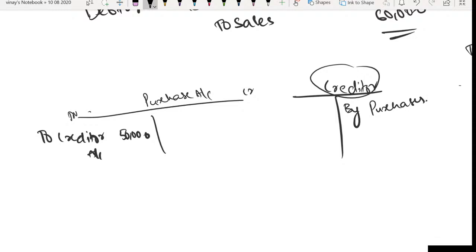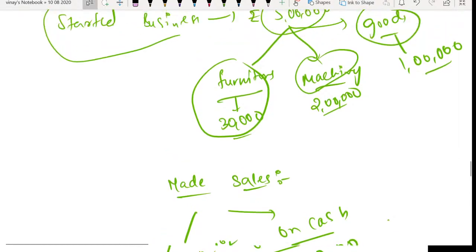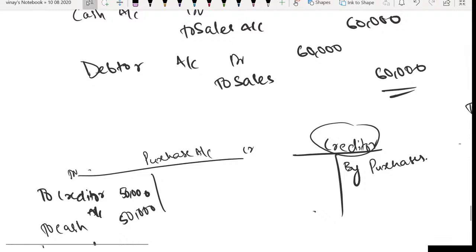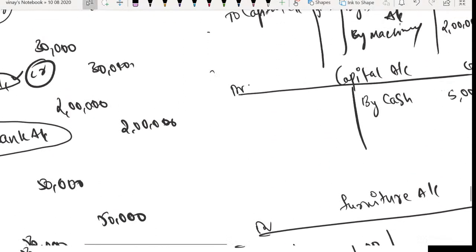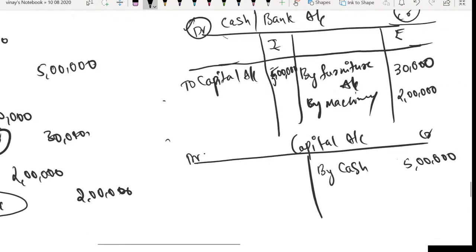Then you also had cash 50,000. So get back to the cash ledger.